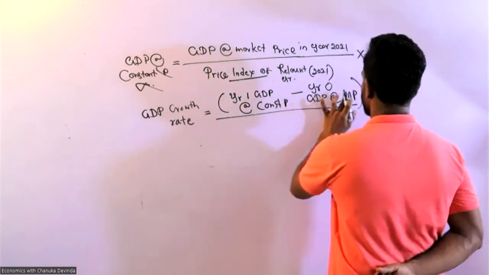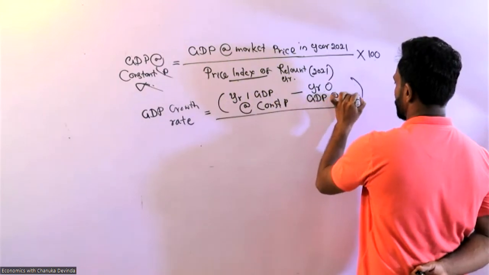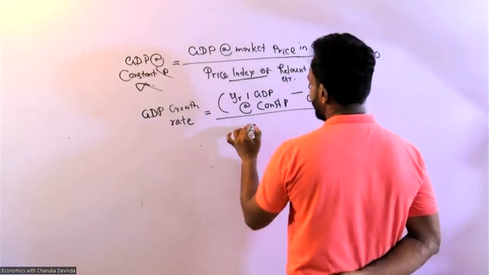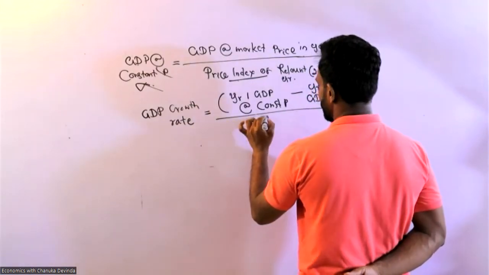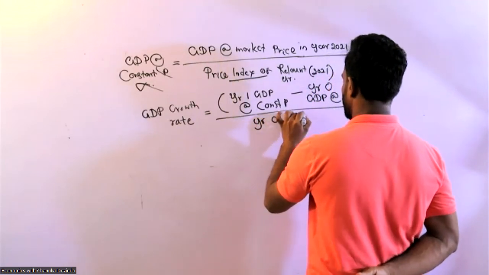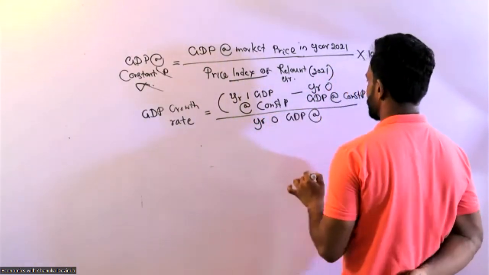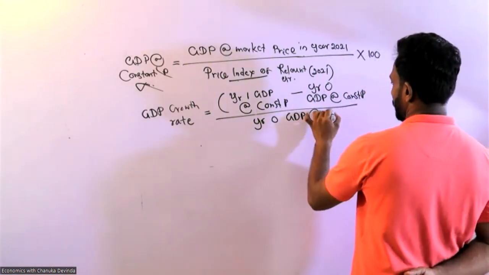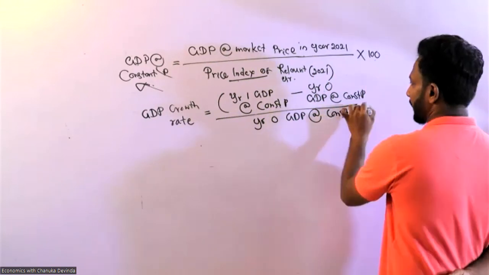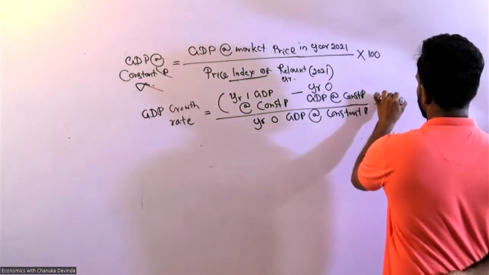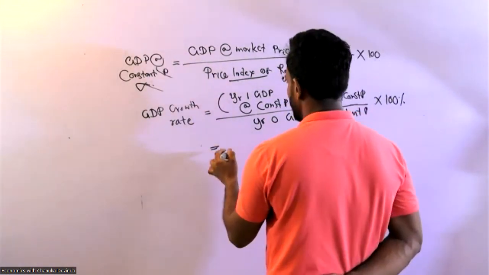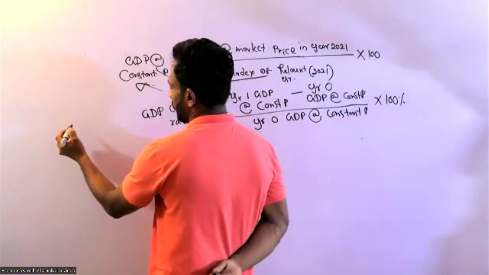Constant price and constant price, and divided by year 0, the previous year, year 0 GDP at constant price, into 100, right? 100%.